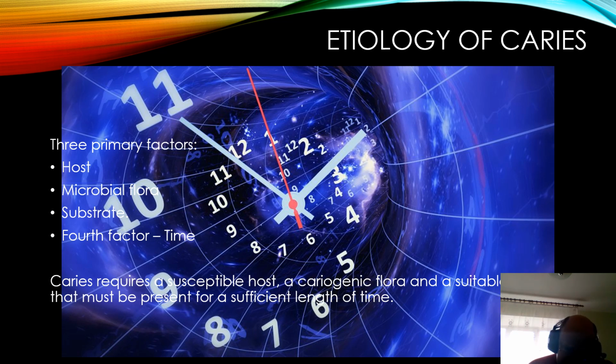But many scientists talk about a fourth factor, time. Caries requires a susceptible host, a cariogenic flora, and a suitable substrate that must be present for a sufficient length of time.